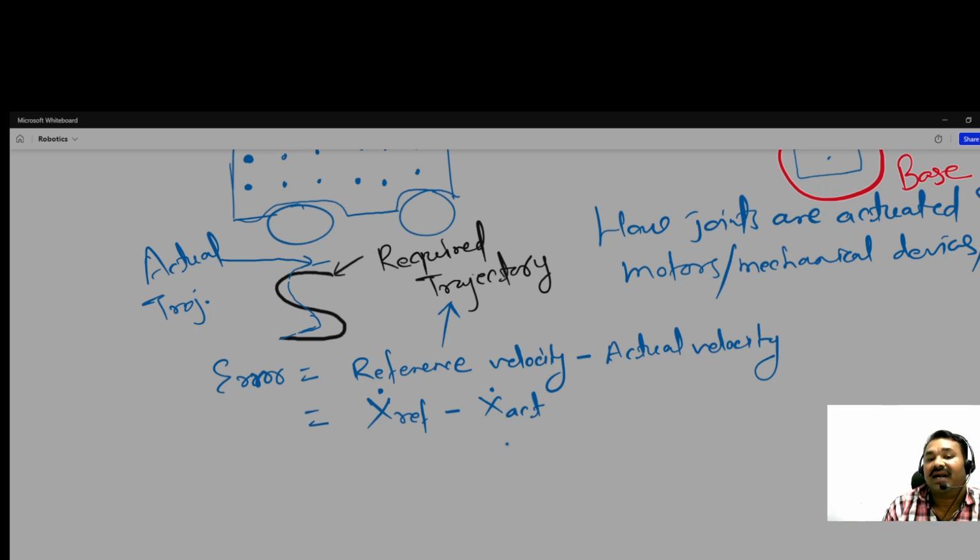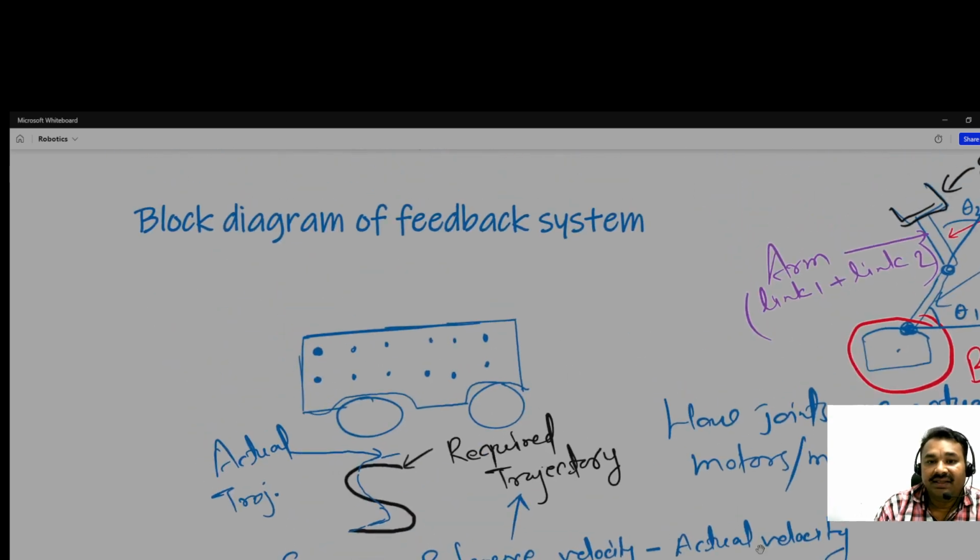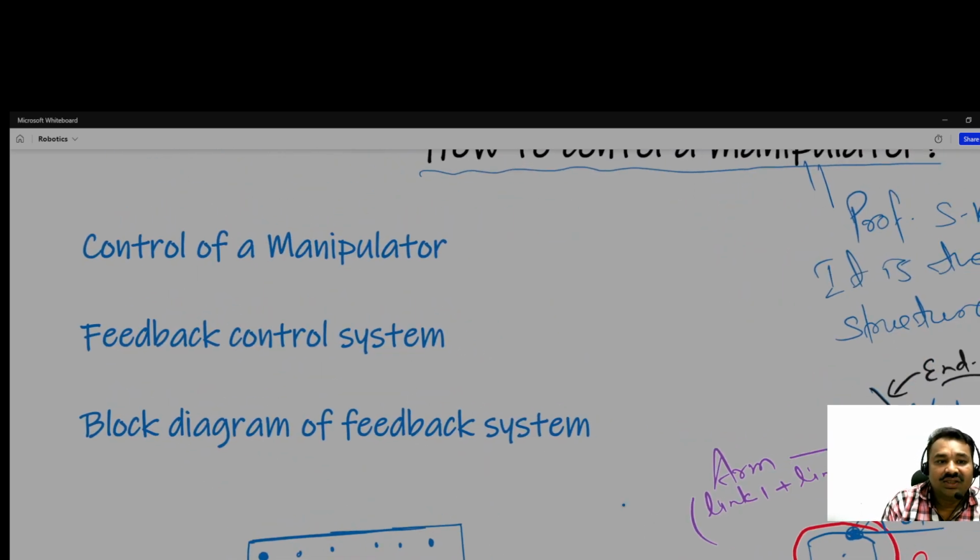So what is required then? A controller is required. That's why the control of a manipulator is required. What is the role of that?